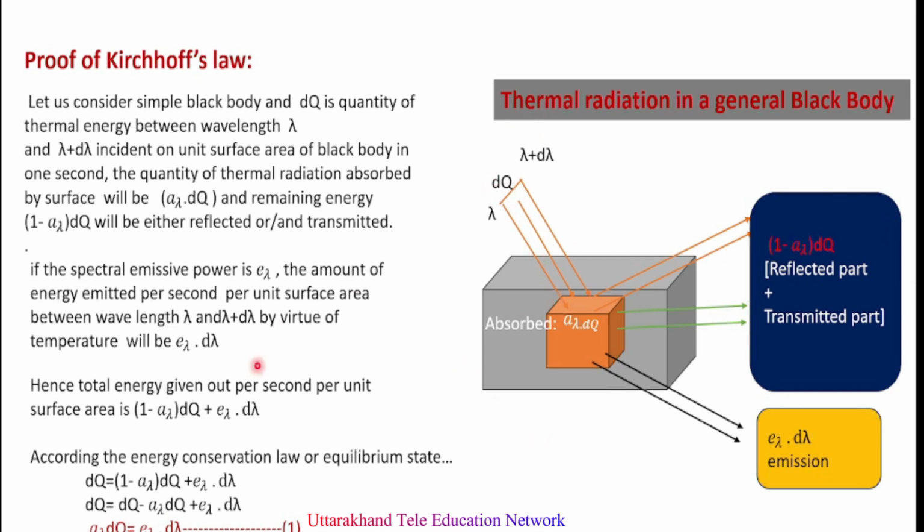Our incoming radiation is dQ, and outgoing is (1 − A_λ) dQ plus E_λ dλ. Simplifying mathematically, opening the bracket, we find dQ equals dQ minus A_λ dQ plus E_λ dλ. Then dQ and dQ cancel out, and we get A_λ dQ equals E_λ dλ. This is our equation 1.